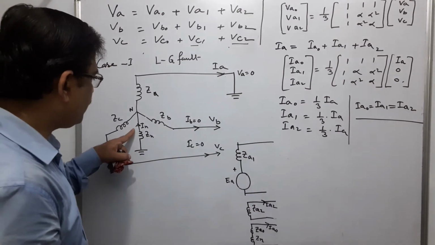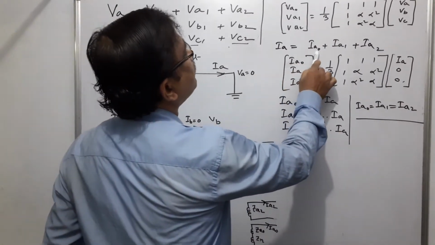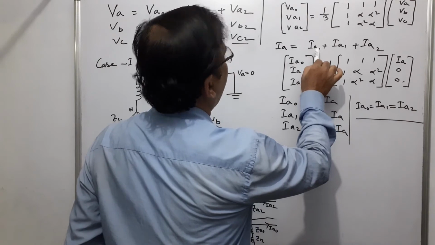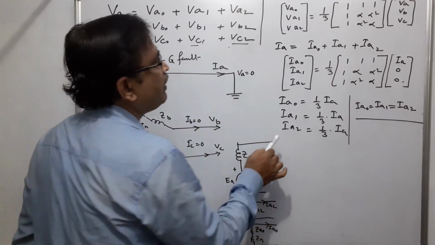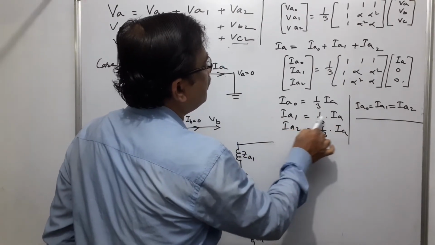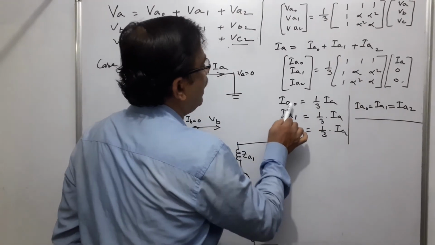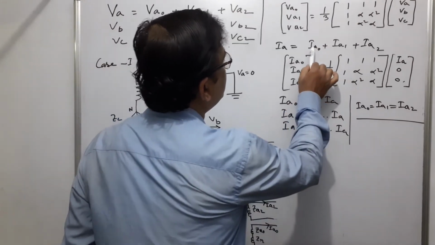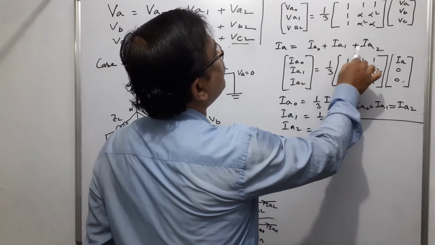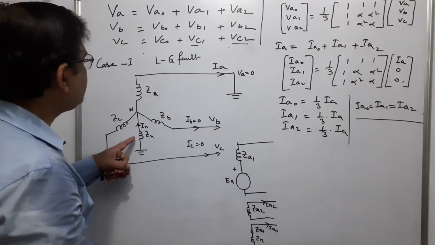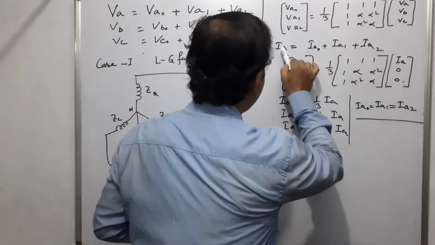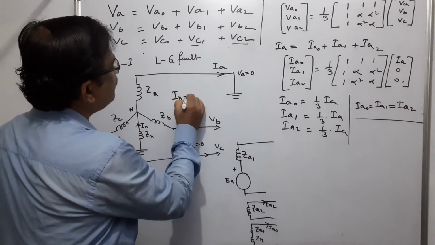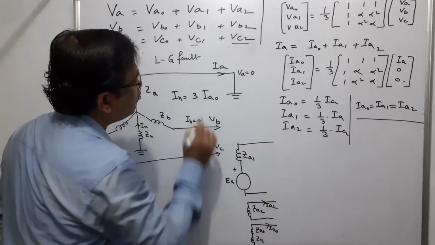Ia is equal to Ia0, and here it is Ia0, 1 by Ia, or we can say Ia0, the magnitude is the same. So Ia is 3 Ia0, and Ia is passing through In, or we can say In is equal to 3 Ia0.